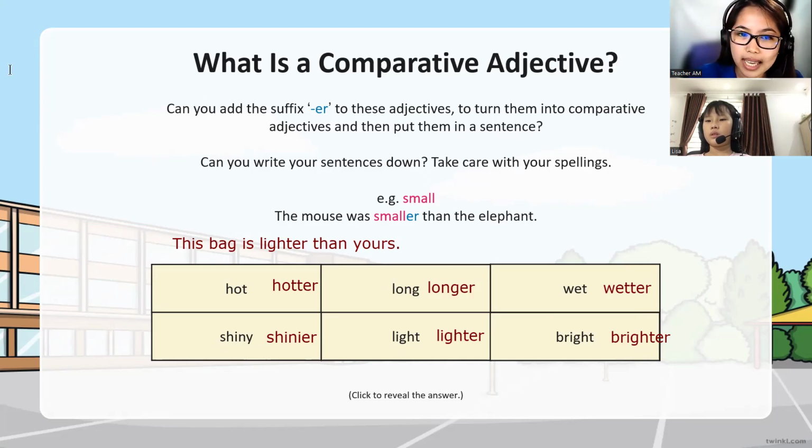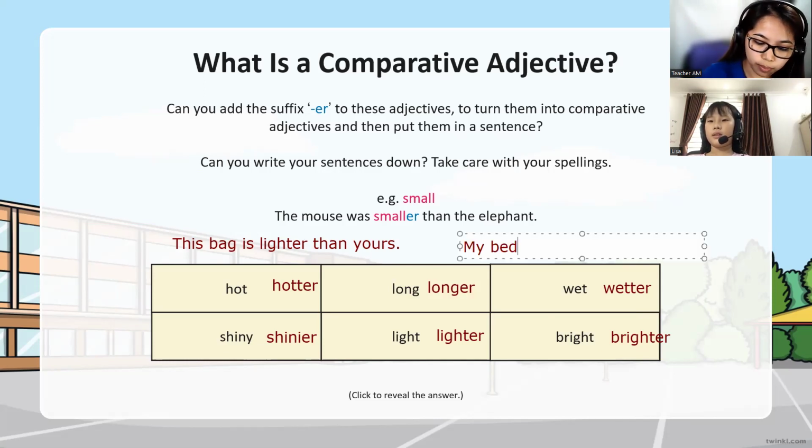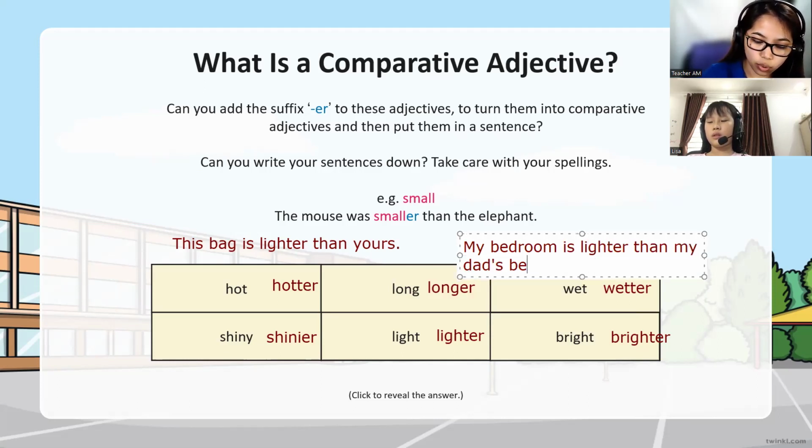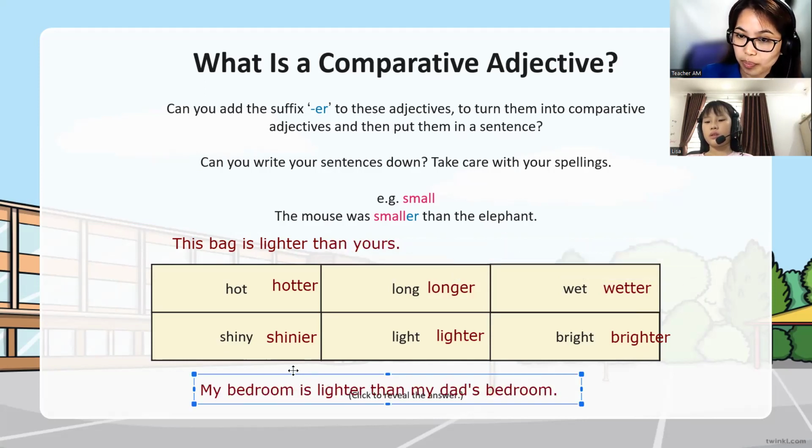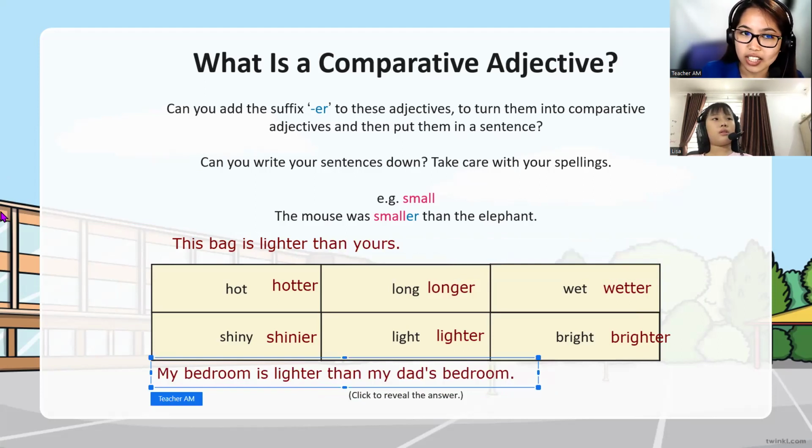So here, when we say this bag is lighter than yours, that means it's not heavy. But when we say my bedroom is lighter than my dad's bedroom, that means that my bedroom has so much light and it is brighter than my dad's bedroom. It's not dark. Okay, so what about bright, Dolin?